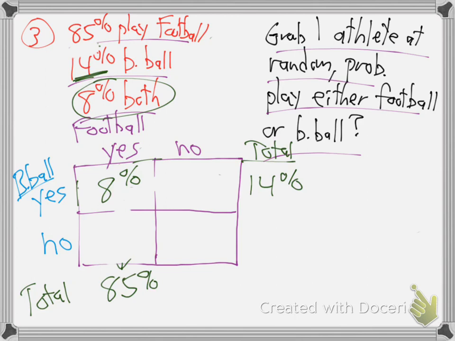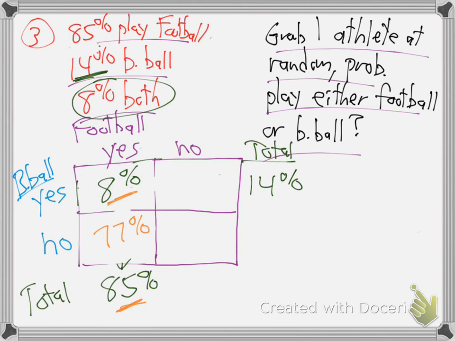And now I can get all the other boxes. Do you see it? If I know there's a total of 85% that play football and 8% are here, what does this have to be? Whatever the difference is, huh? 85, take away 8. It's going to be 77.